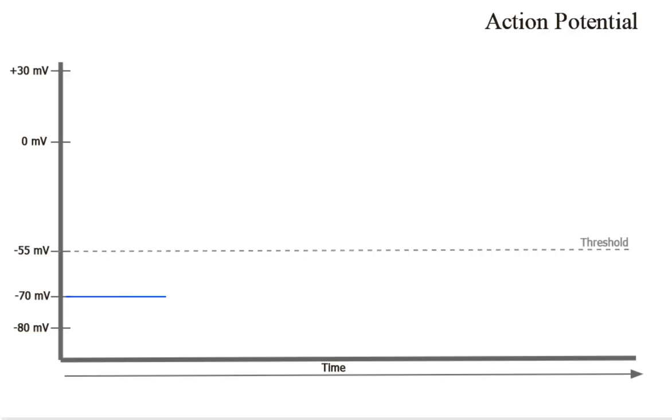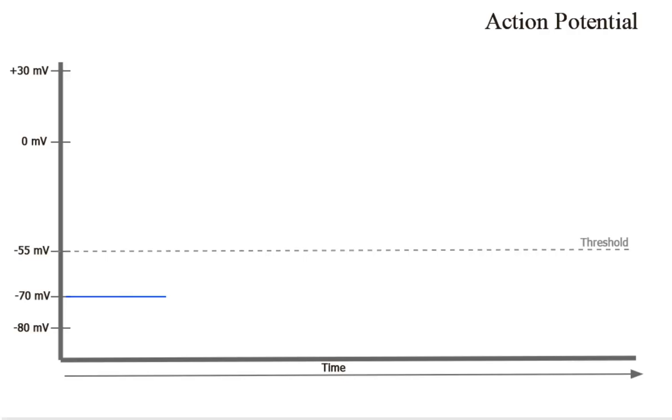Now, as we talked about in the previous activity, you cannot get an action potential until you reach threshold voltage. And here we are hanging out at minus 70. So how does a neuron get from minus 70 millivolts to the threshold of minus 55 millivolts? Yes, we need some type of a stimulus and a graded potential.